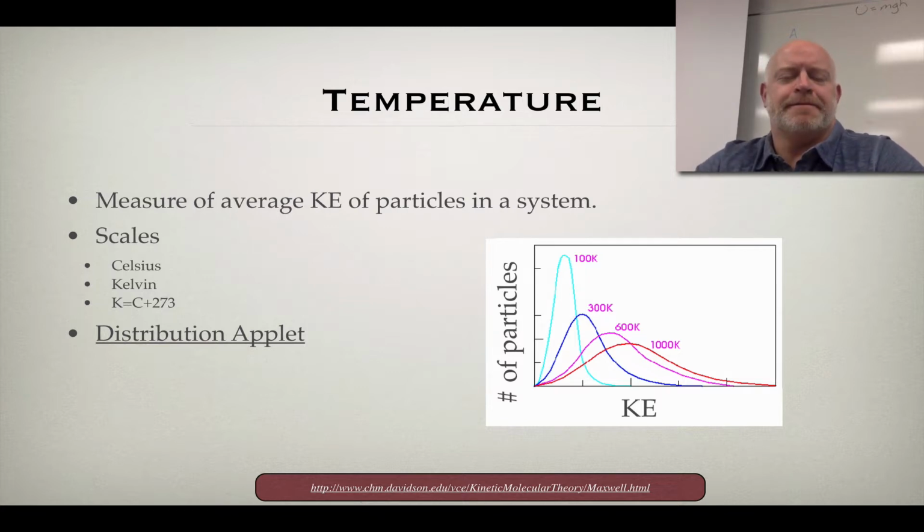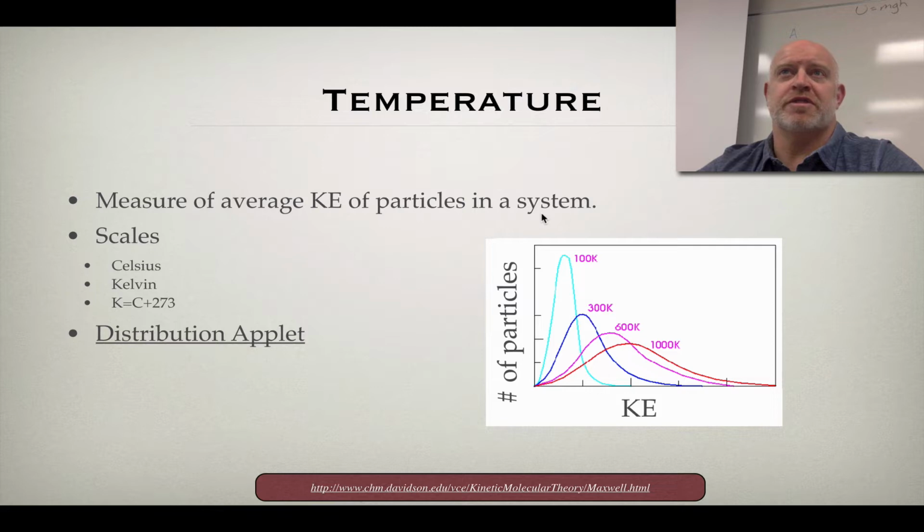Now, if we're going to define temperature in the world of physics, it has a very specific meaning to us. Relating it back to energy, temperature measures the average kinetic energy of particles in a system. So if we go outside and say today it's going to be 10 degrees Celsius, or 0 degrees Celsius, which would not be bad, actually.